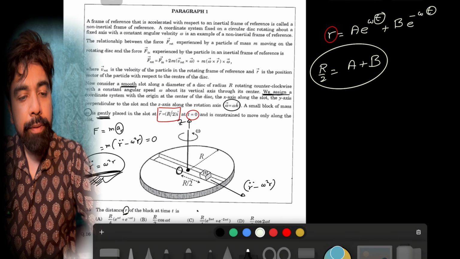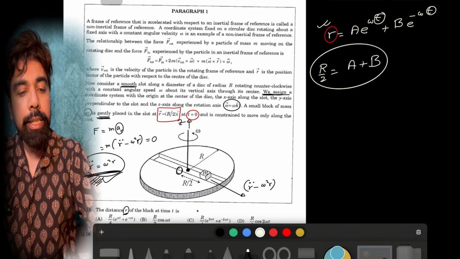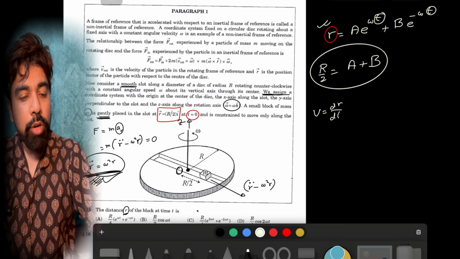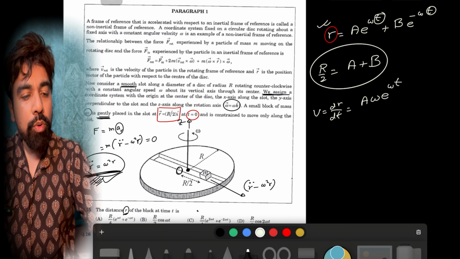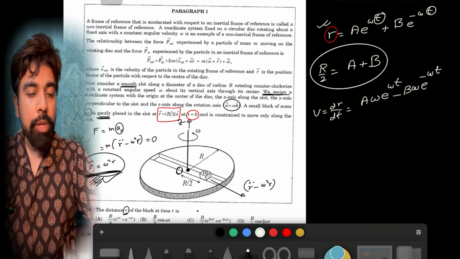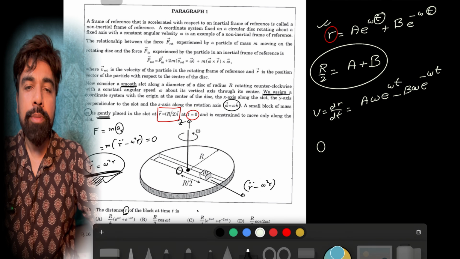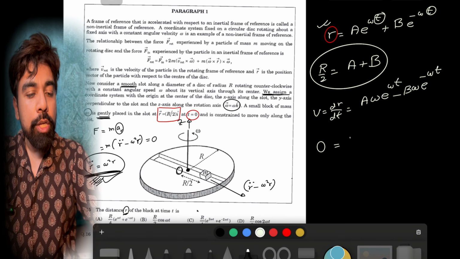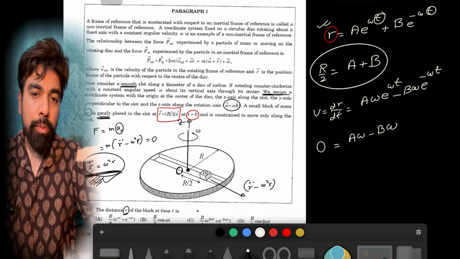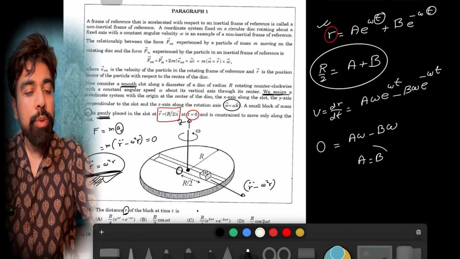So we take dr dt, which gives the radial velocity. dr dt is a omega e to the power omega t minus b omega e to the power minus omega t. Now put t equal to 0, and v becomes 0 along the radial line. So a omega minus b omega is equal to 0. Omega cancels out, and this becomes a equal to b.